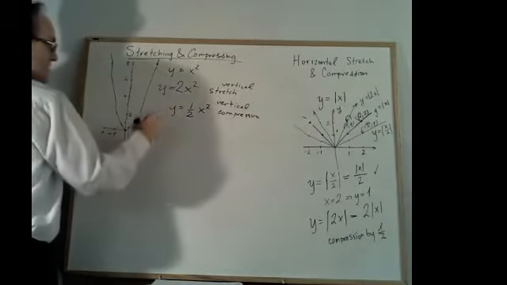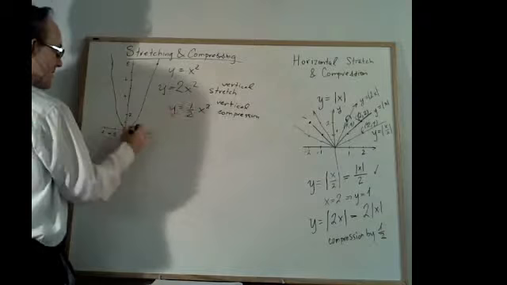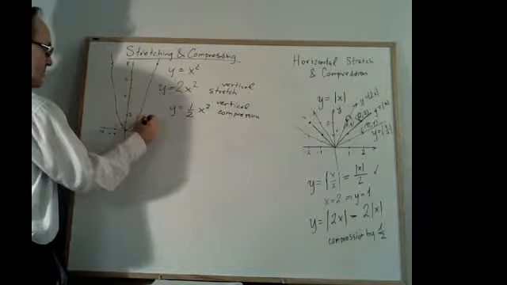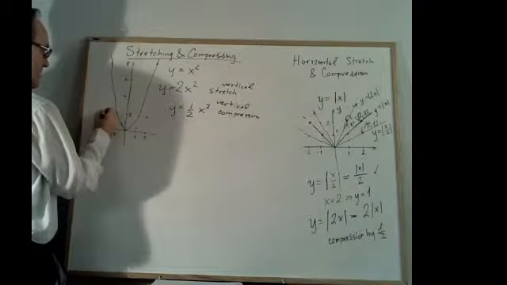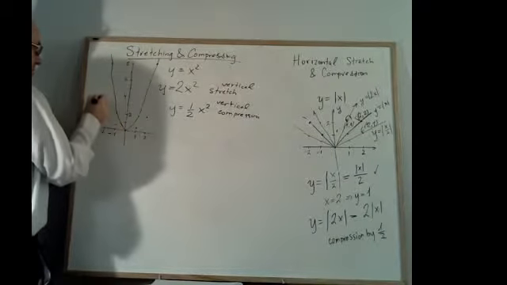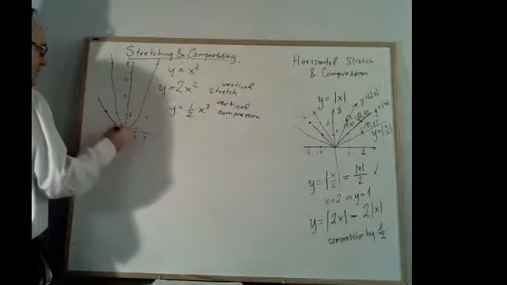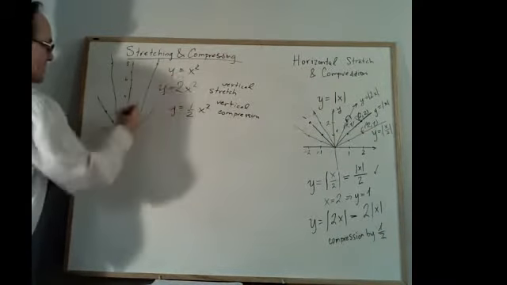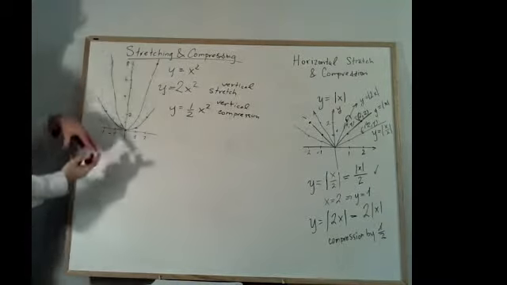All right, so 1 will give you 1/2. Minus 1 will also give you half. 2 will give you 2. Minus 2 will also give you 2. So you'll get this more gentle curve. And the original curve is somewhere in between that. So you've stretched it.